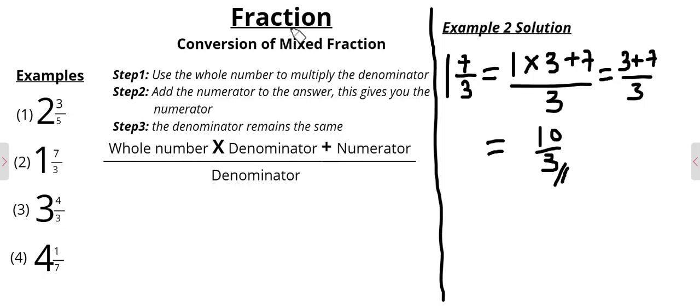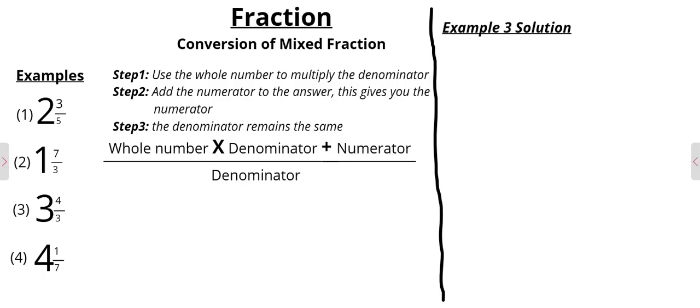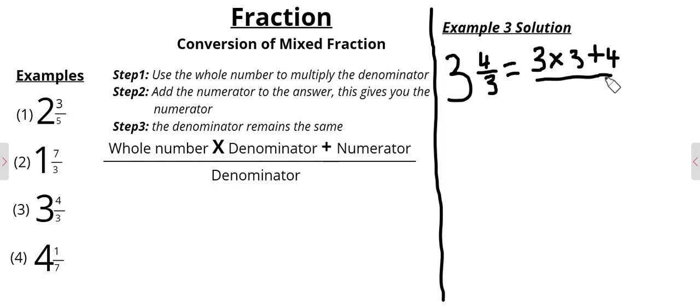So that's the final answer for example 2. Now we'll move to example 3. Example 3 says 3 whole number 4 all over 3. So we go the same way. So it's going to be 3, which is the whole number, times the denominator, which is 3. Then we add what? The numerator, which is 4, all over what? The denominator.